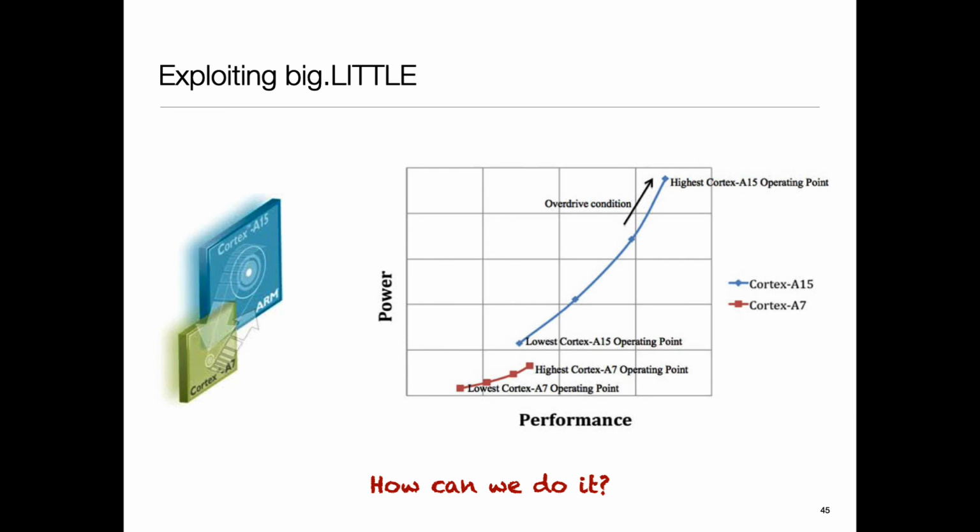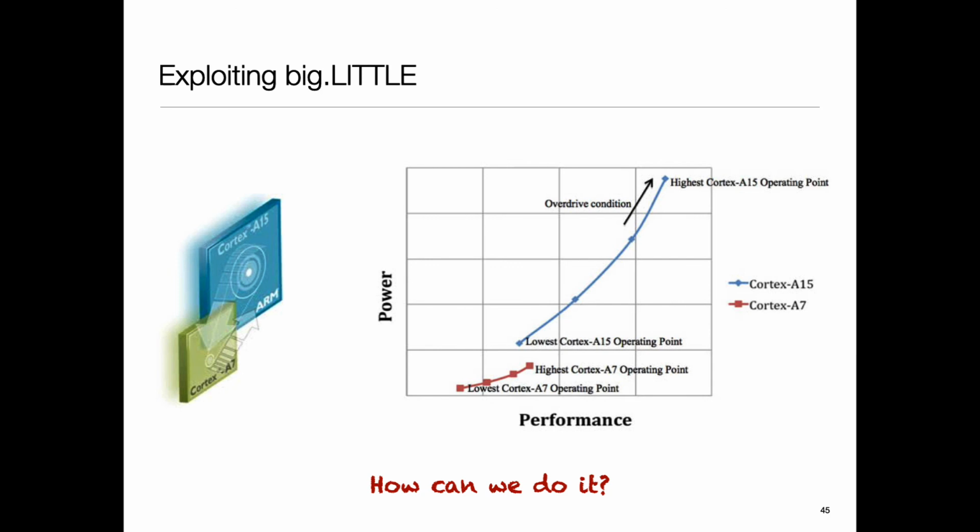And then the question really becomes one of how do we run the system to make use of these two processors whose operating curves look like in this figure, right? I mean, they're sitting in different space of power versus performance, and my overall system now straddles these. So kind of the idea is, if you look at these two collectively, now I have a more energy proportional system, right?